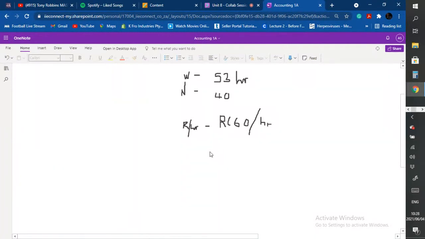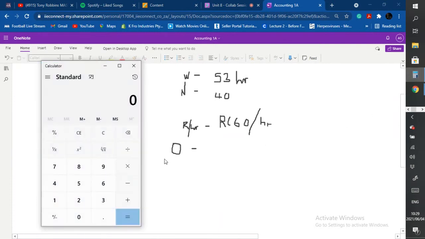Okay, and then we know that she has an overtime rate, which is 1.5 times her normal hourly rate. Let's put an O for overtime there, and quickly calculate that overtime rate.